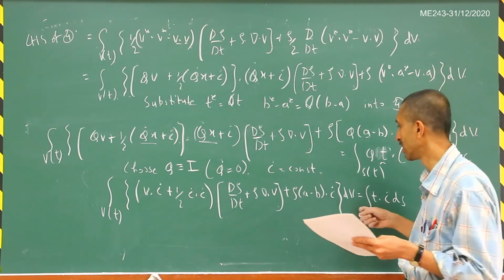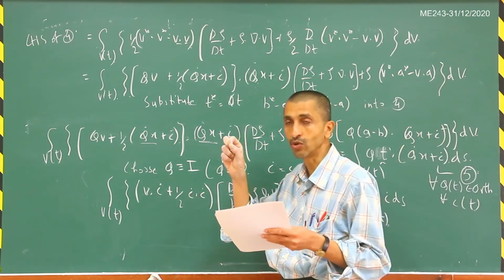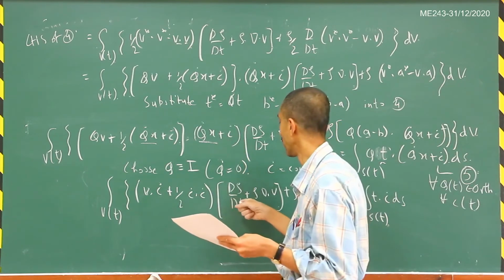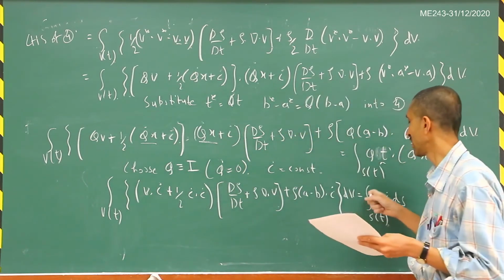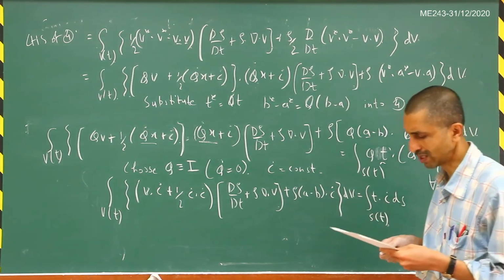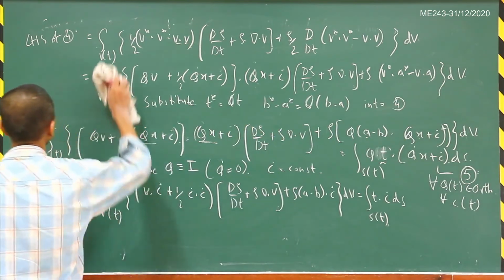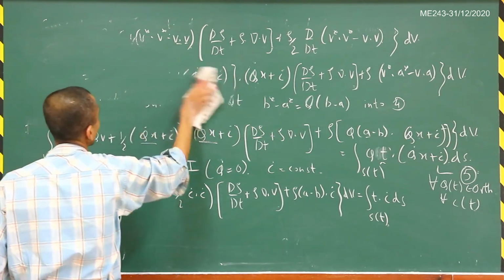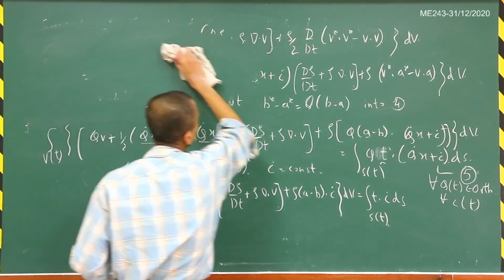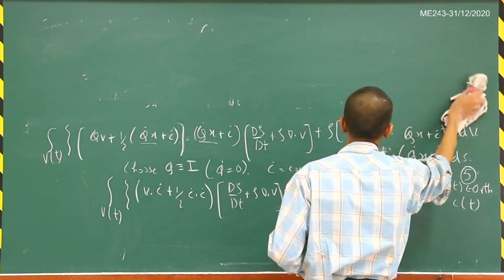This volume integral will go to 0 as you shrink that tetrahedron to a point, and from the surface term you will get the existence of the stress tensor. Those arguments are exactly analogous to what we did while proving the Cauchy principle. So we will use that now here, and let us see what we get.